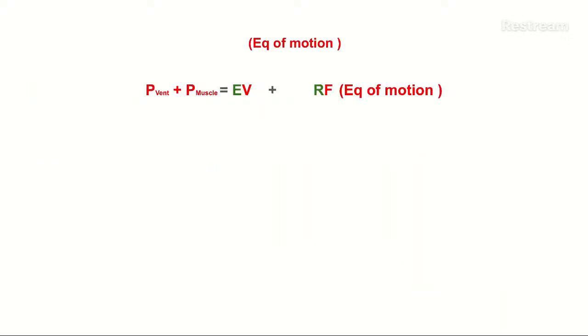Up till now, clear? So I'm saying ventilator and muscles are on one side of the equation and resistance and elastance are on the other side of the equation. Both must be equal.